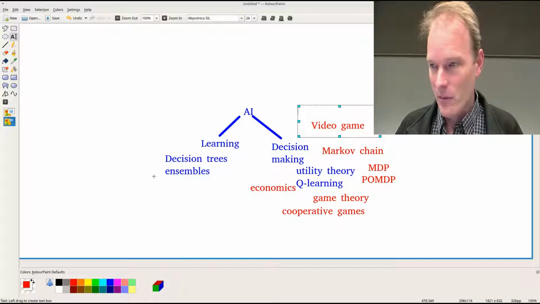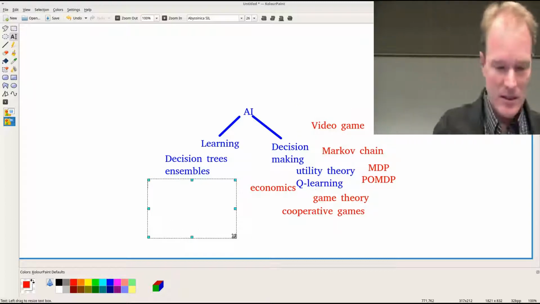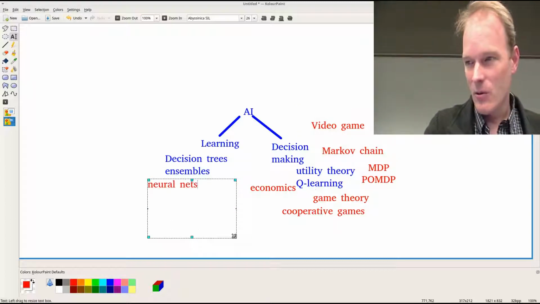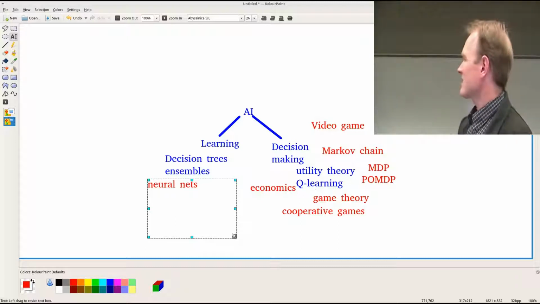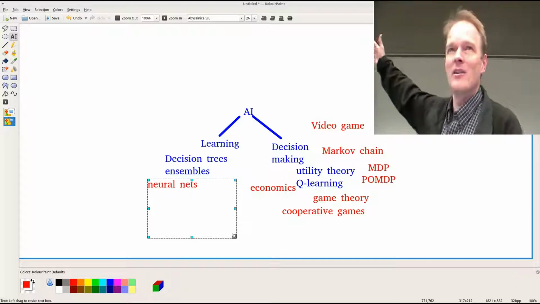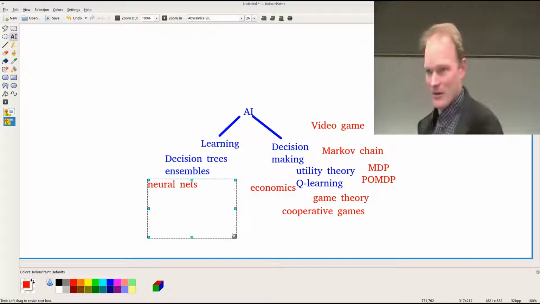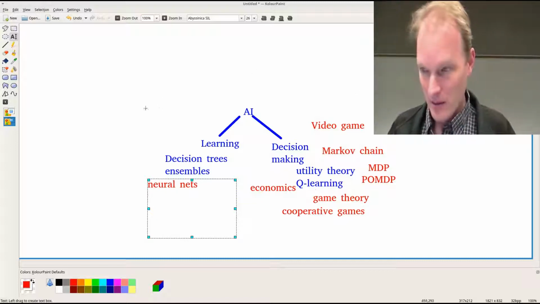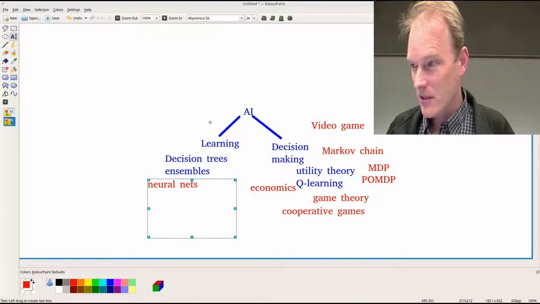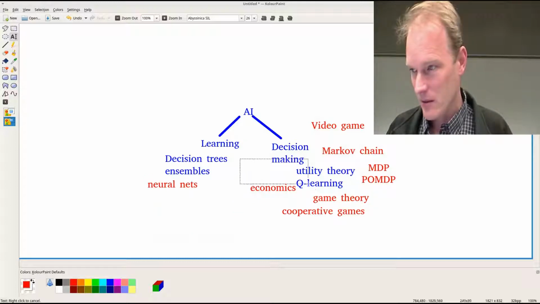Okay, over here in the realm of learning, we studied decision trees. We touched upon neural nets, and I'm telling you, that's the picking up model. That's the model to study if you really want to know all about machine learning. But there's also a lot of reinforcement learning.